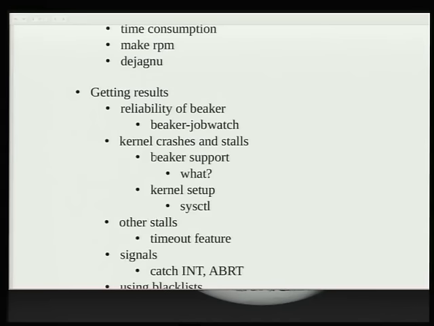So after we have this, we are able to run the test suite in a way that after a kernel crash it reboots. After that, we need to somehow detect in the test suite that the kernel crash happened and be able to continue from the point where it stopped.